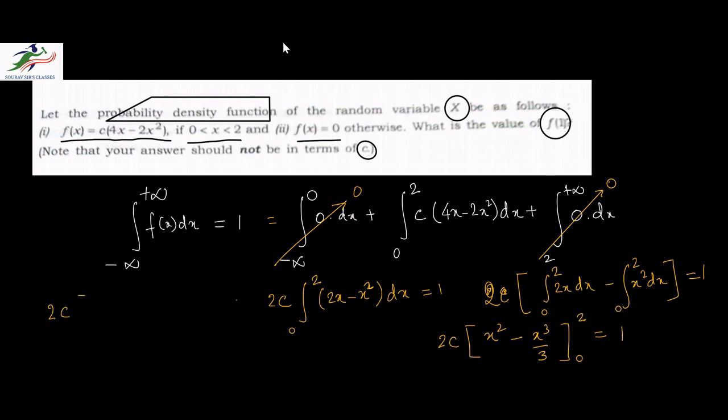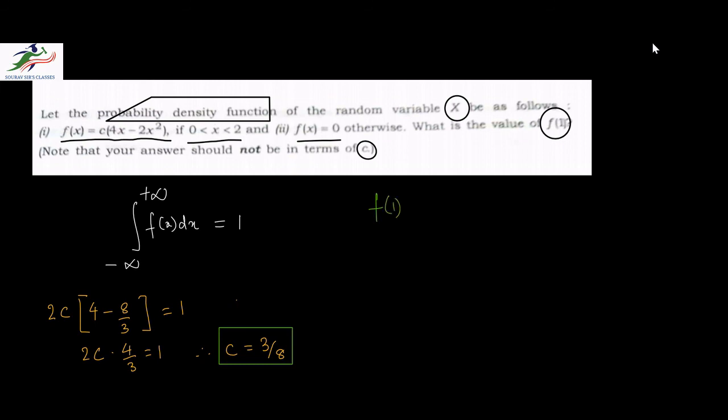So 2c into 4 minus 8 by 3 is equal to 1. So 2c into 4 by 3 is equal to 1. Therefore c is equal to 3 by 8.